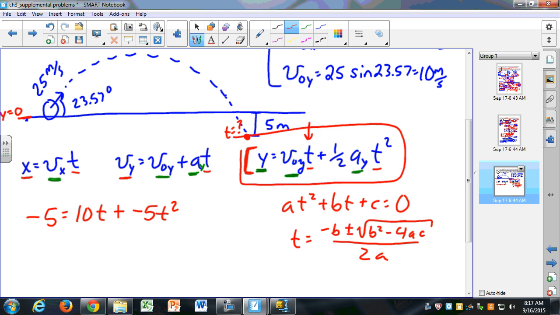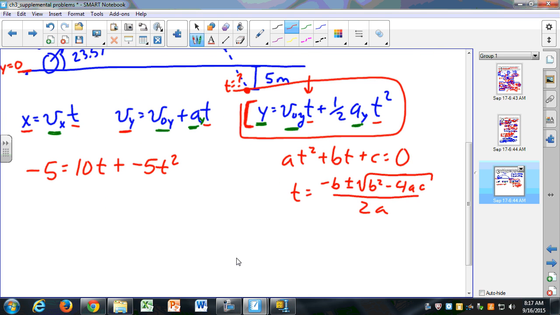Listen, if you have to use the quadratic, did I tell you I would never have to use the quadratic? I haven't told you all that, right? Okay, that's my one-on-one class. You might have to use the quadratic to solve for a function like this, but if you do have to use it, I will provide the quadratic equation for you. You don't need to memorize it, though many of you probably know it. The way you solve this is you put this equation into this form.